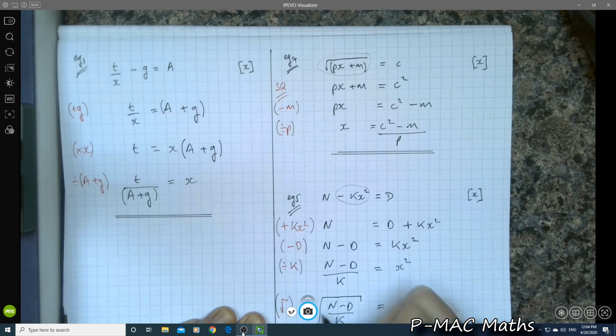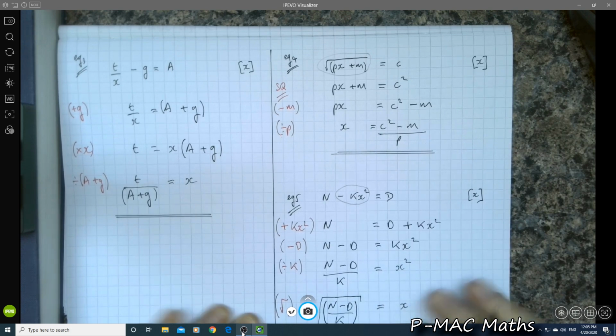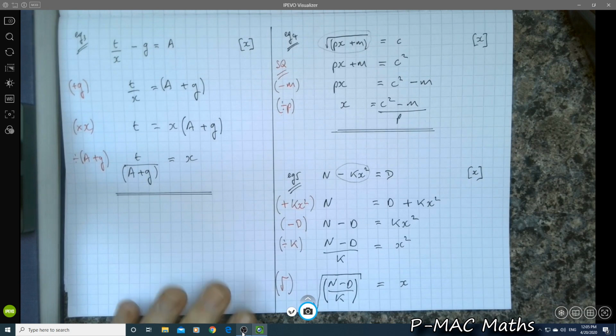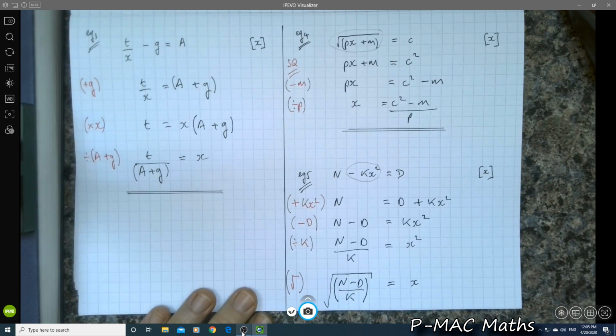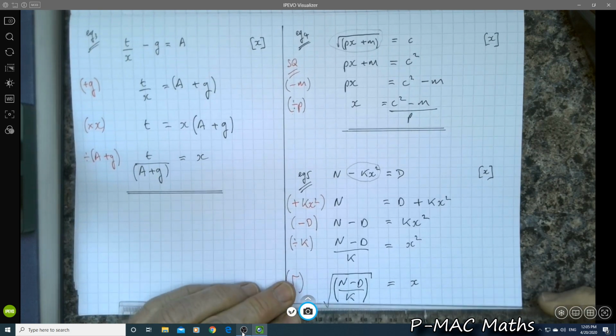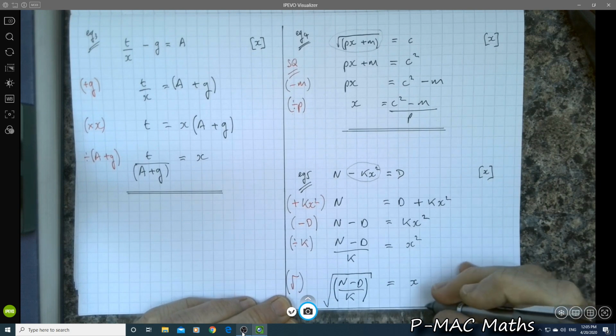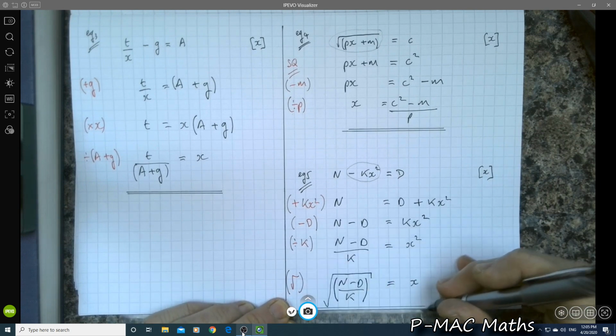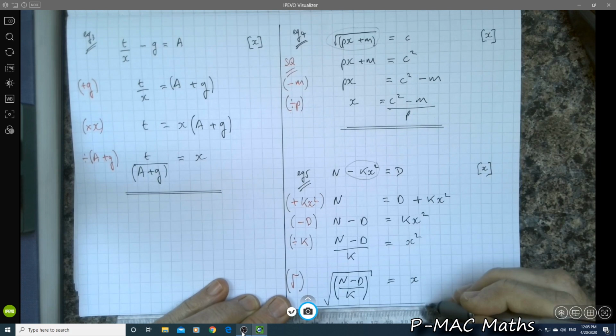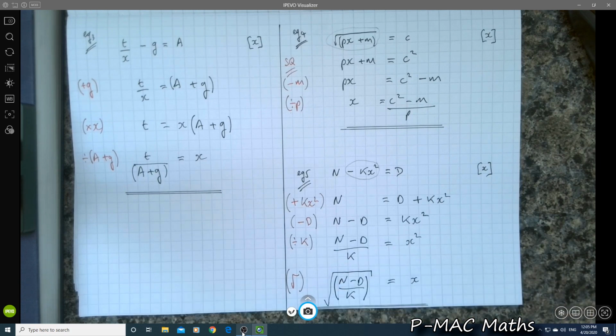And if there's any ambiguity, then it doesn't hurt just to bracket the term that's being rooted like that. Nearly off the page. I think you can still see that. And if we can just fit this on. Nearly. Underline our answer to finish. All good. Hope that helps. See you next time.